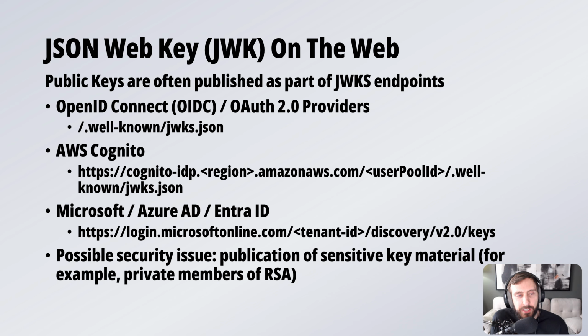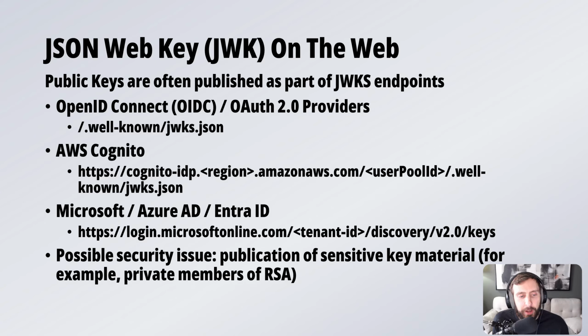And these are ones I said you're more likely to encounter because they're commonly used to expose keys. And these are some of the forms that you might see them. The most common being the one associated with OpenID Connect or OAuth 2.0 providers, though not exclusively. You'll see this pattern as part of other systems as well. And that is under the well-known path segment, a file jwks.json, because of course we're dealing with JSON objects that contain keys.